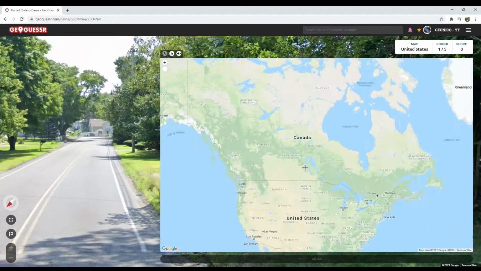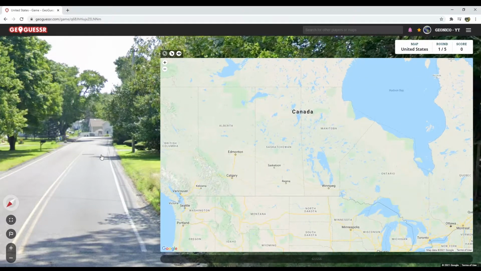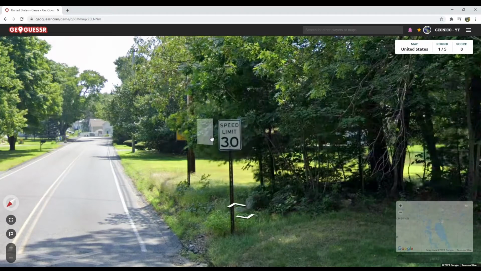But in Canada, it doesn't say speed limit. It usually says maximum as opposed to speed limit. And the number here, since it would be in kilometers per hour, would be like 40 or 45 or maybe 35. But anyways, it would say maximum and it would have a slightly higher number.